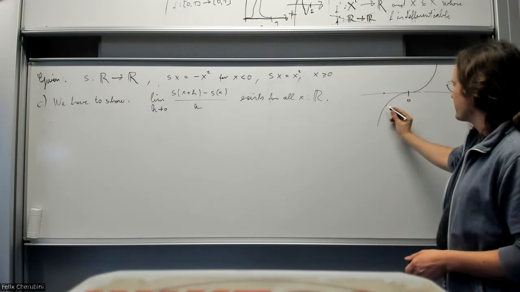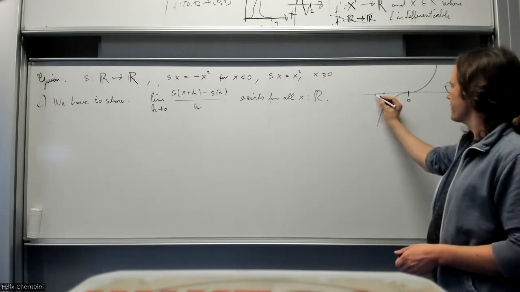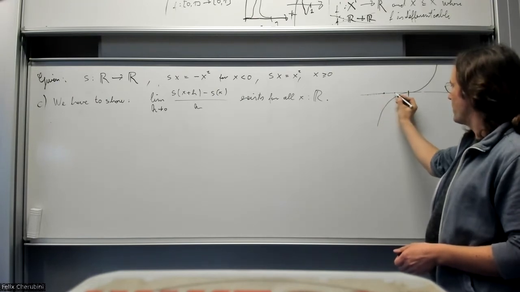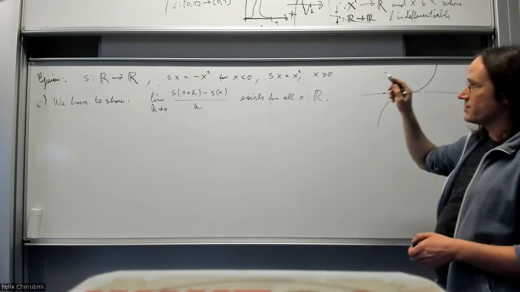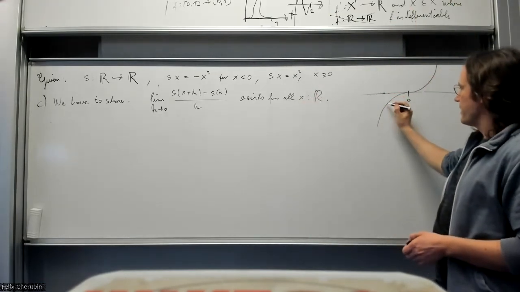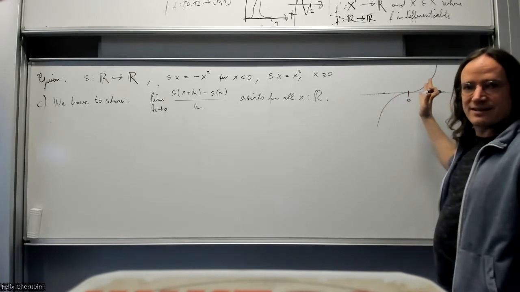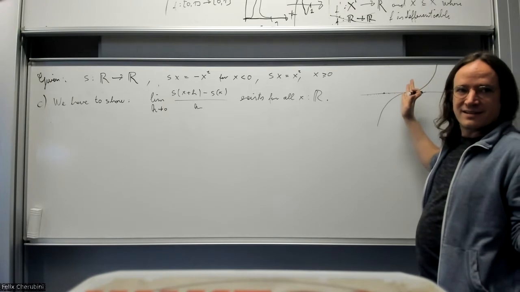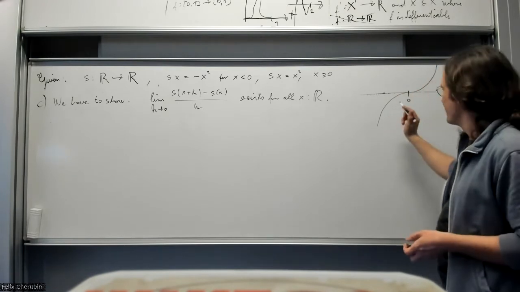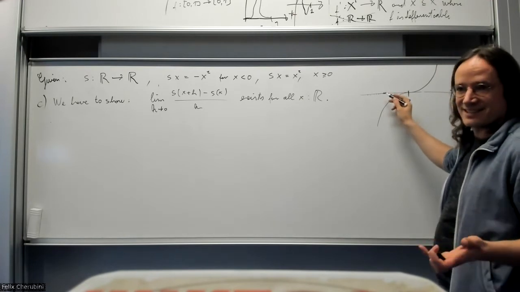But if we are outside, this is just x squared. And if we have some sequence which approaches this point, and this is what this definition is about, then this case distinction is far away, it doesn't matter.